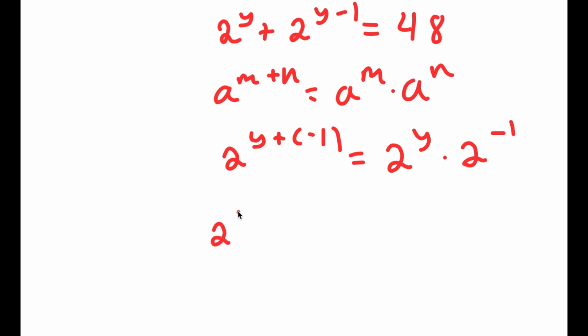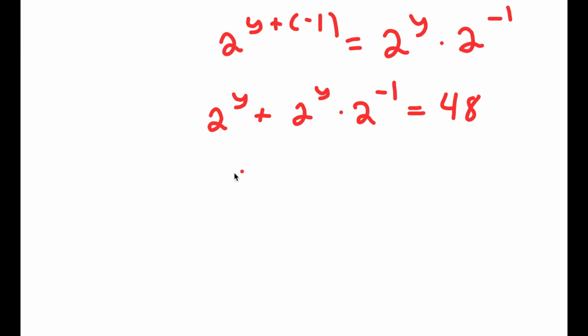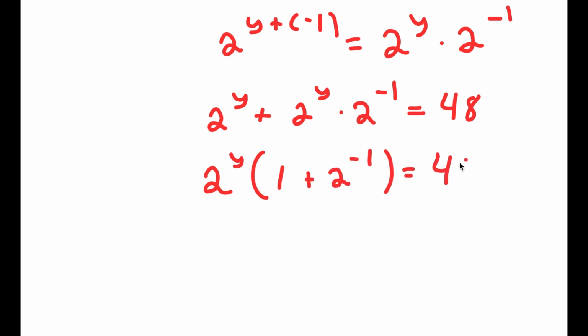So now I have 2 to the power of y plus 2 to the power of y times 2 to the power of negative 1 is equal to 48. Now I'm going to factor out 2 to the power of y. So I have 2 to the power of y times 1 plus 2 to the power of negative 1 is equal to 48.